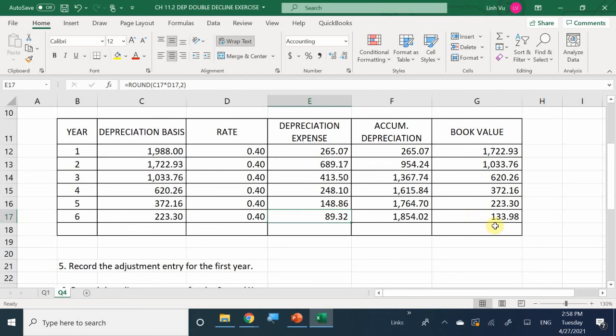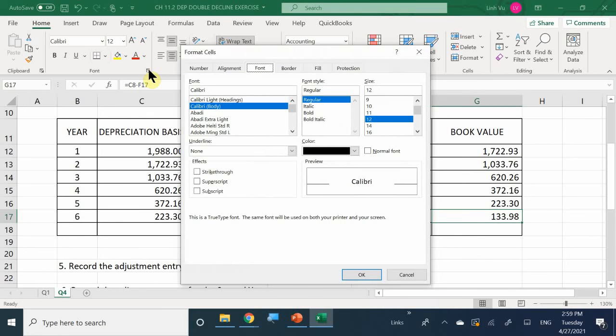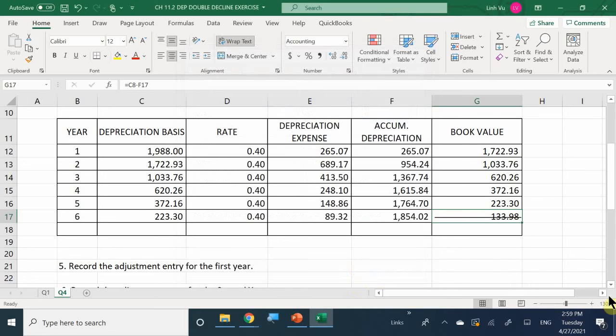Okay? So here, I'm going to cross this figure out, strike through, and place in that this value needs to be 200. Because that's what my salvage value tells me it needs to be worth.